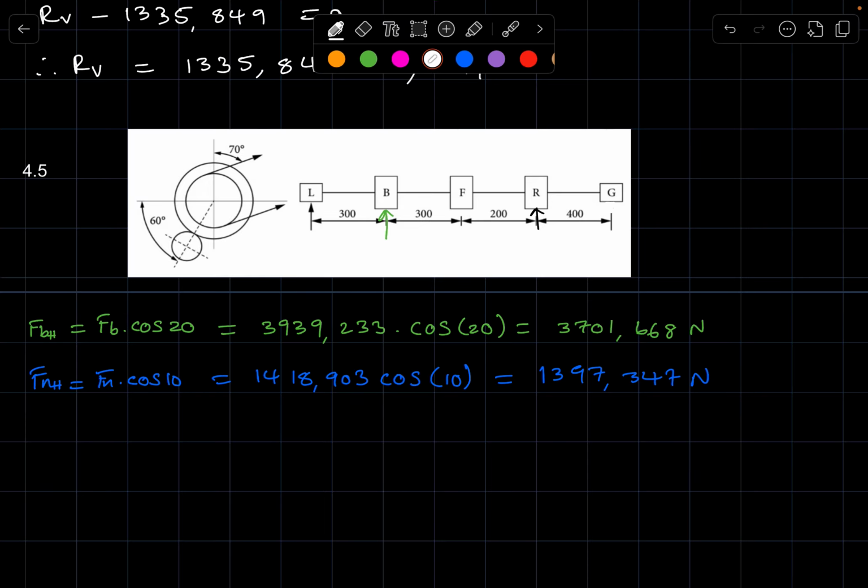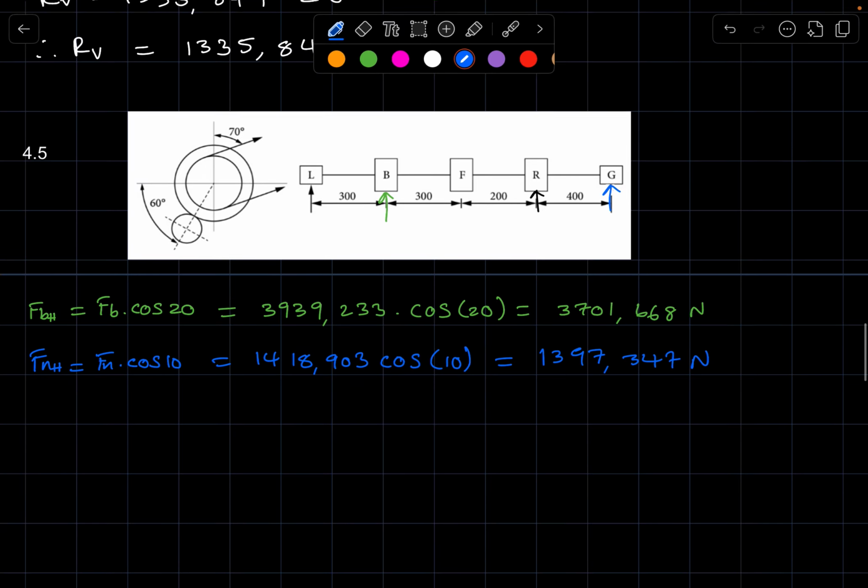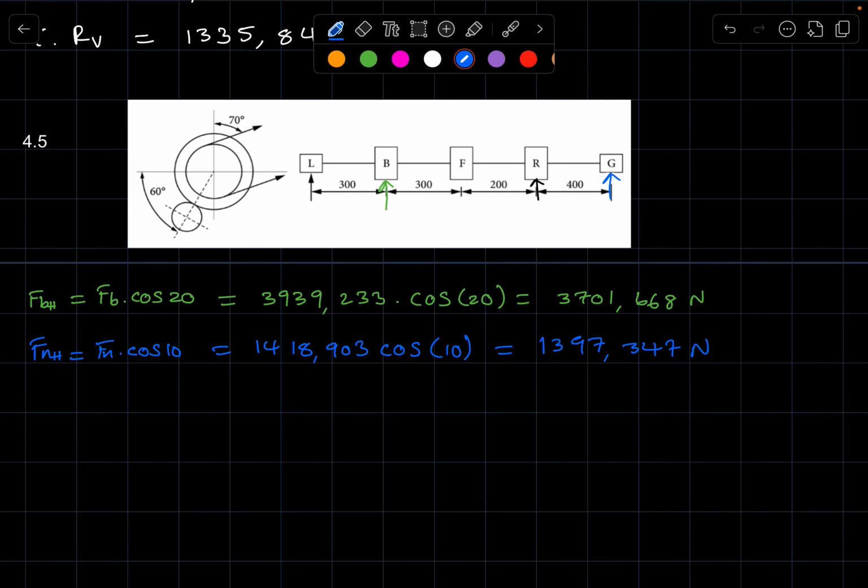Right, now our component of the belt force is headed right. So this component is 1397,347 newtons, and the belt force component is 3701,668 newtons.